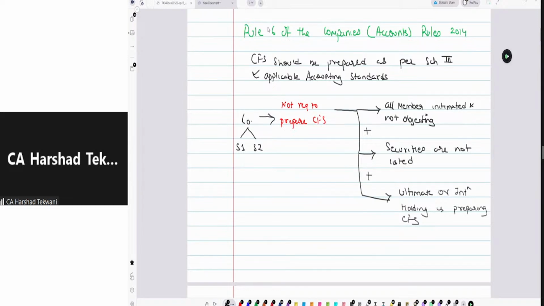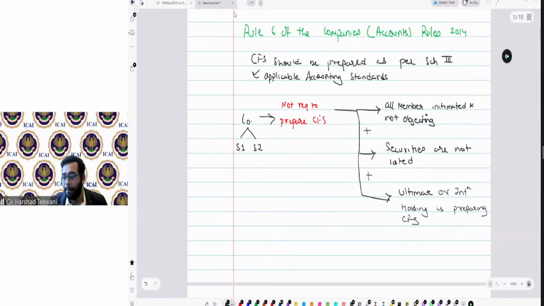Yes. So see, there is no exemption from the separate financial statement. Try to understand one thing. The company is not exempt from maintaining a separate financial statement. I'm only talking about the consolidated financial statement.